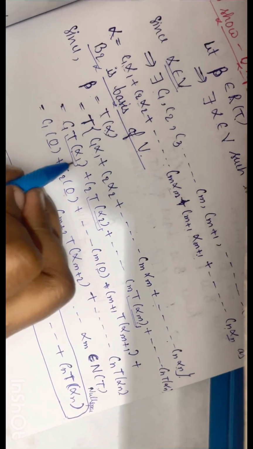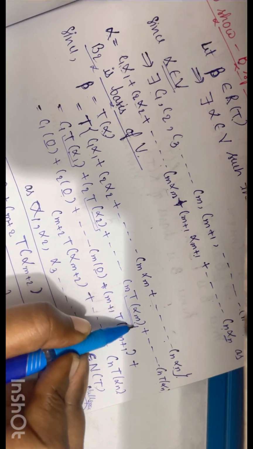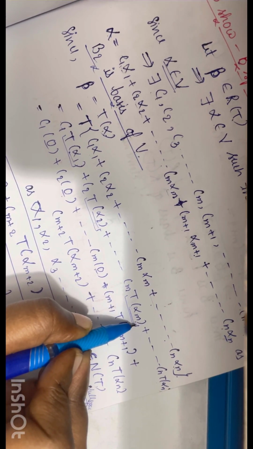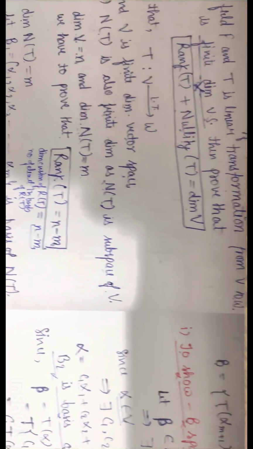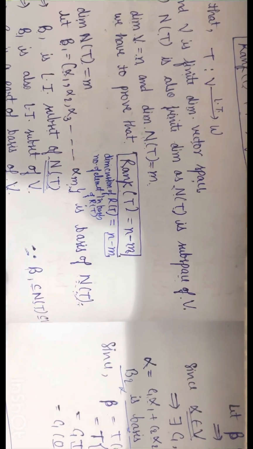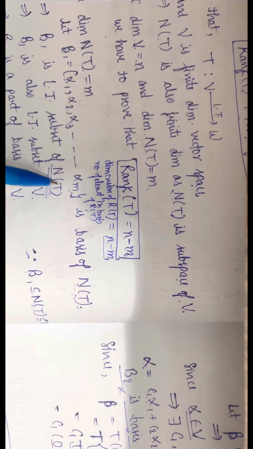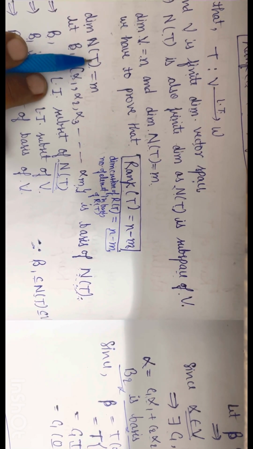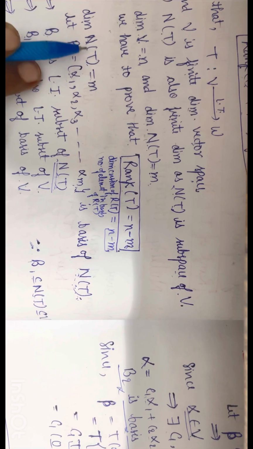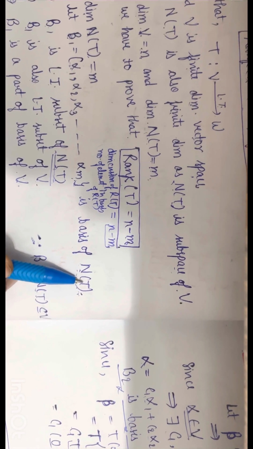Okay. Now, we know that alpha 1, alpha 2, alpha m are the elements of B1, which is basis of null space of T. B1 containing alpha 1, alpha 2 to alpha m. Now, B1 is basis of null space of T. It is also a Li subset of NT. That means these elements also belong to NT.